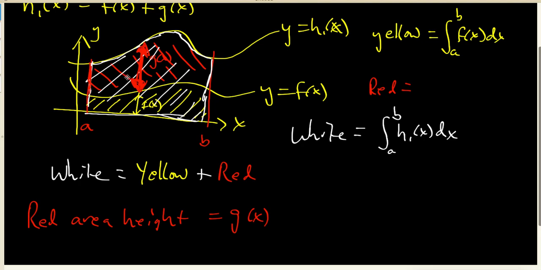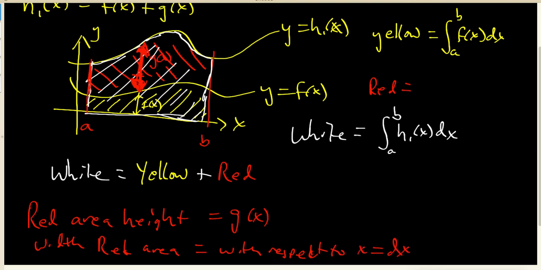And we're sweeping this red area out in the same way that we're sweeping the white area and the yellow area out. In other words, the width of that red area is still with respect to x, and it's still just a dx.